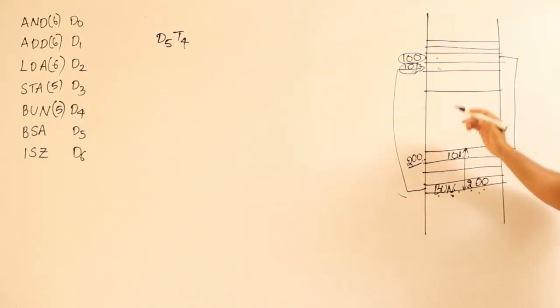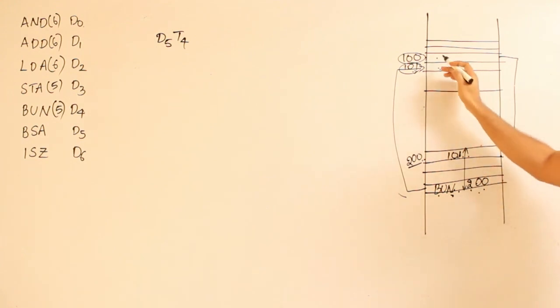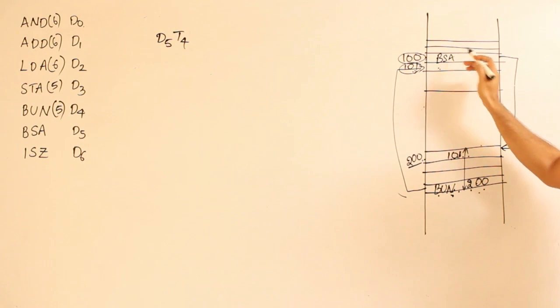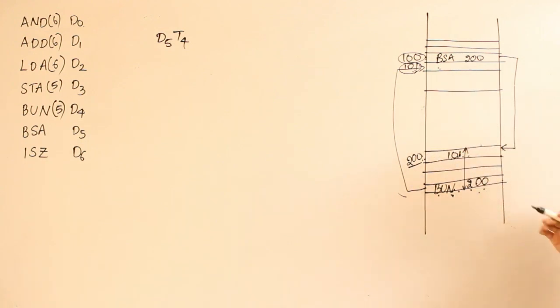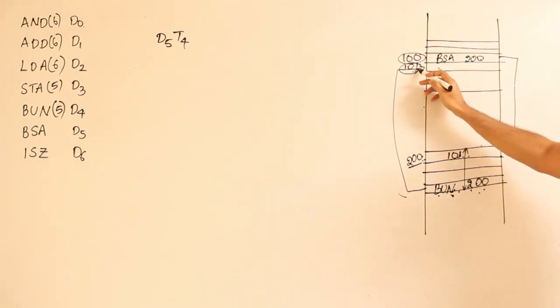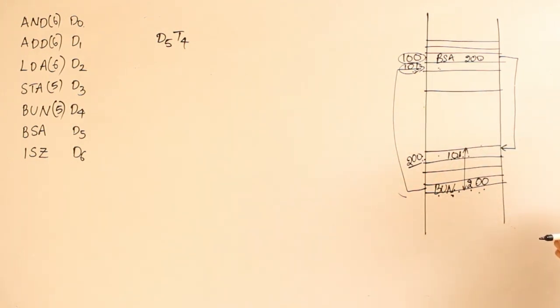One thing is, whatever is present in the program counter, if you are executing the instruction at 101, if this is BSA 200, which means I want to go to 200. This is the meaning of it. Now in this case, I have to save 101 onto this location, right?